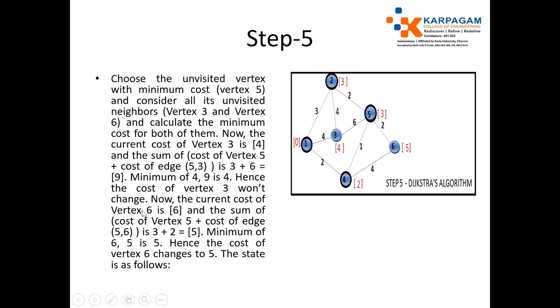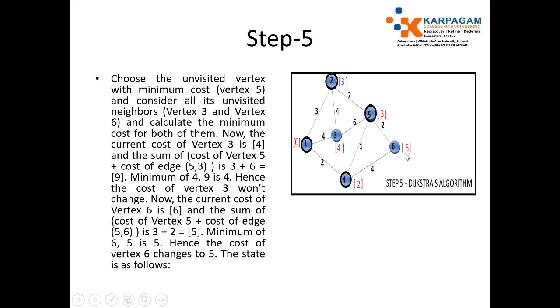Now the current cost of vertex 6 is 6, and the sum of the cost of vertex 5 plus the cost of edge 5 to 6, 3 plus 2, is 5. So hence the cost of vertex 6 changes to 5.